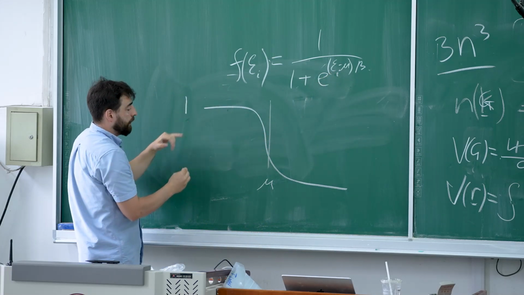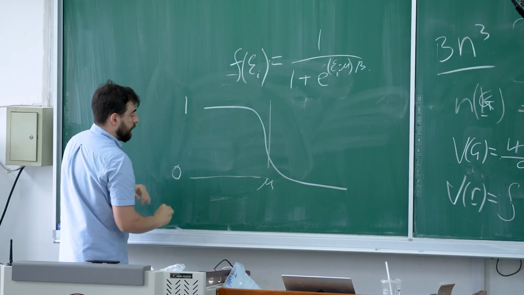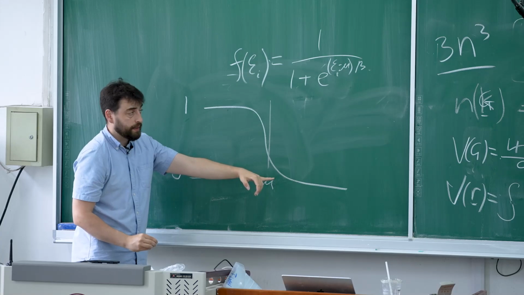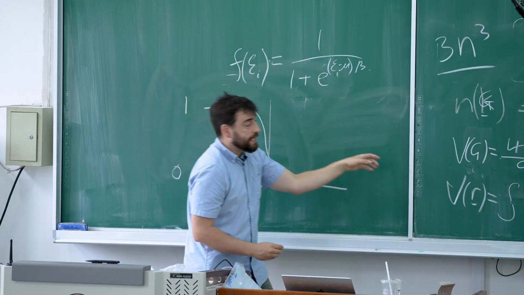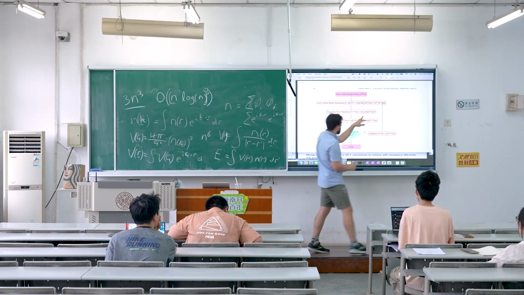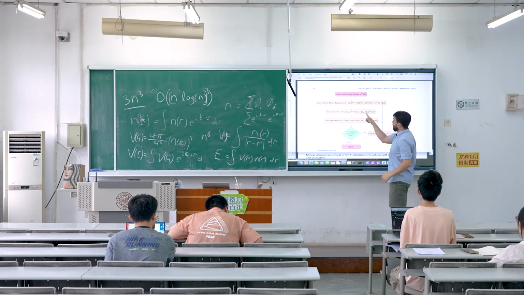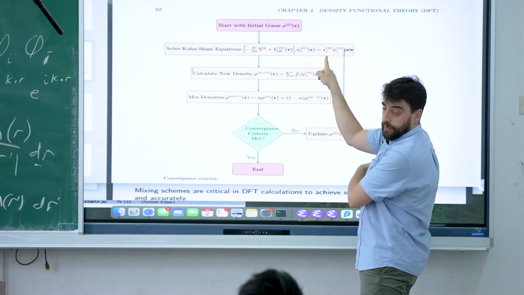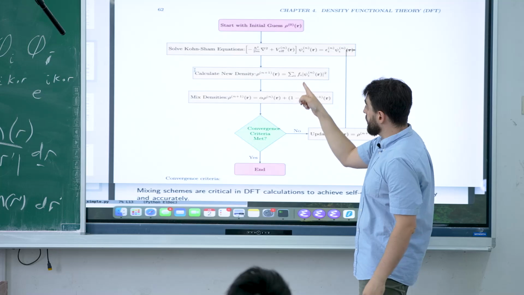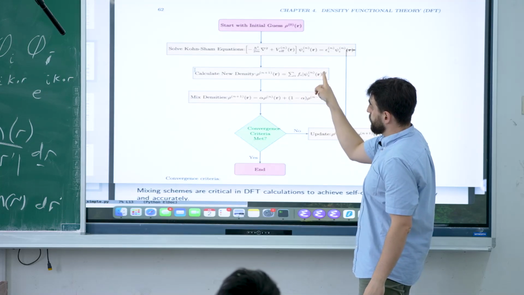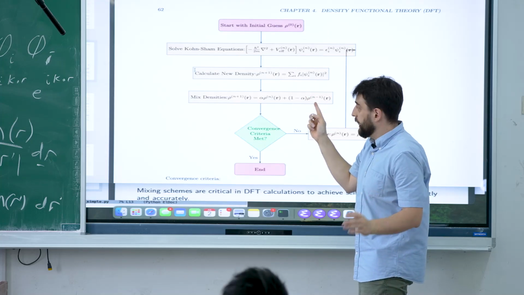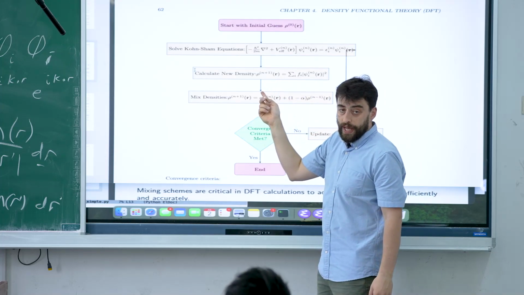We're going to be getting 1, and for high energy states, we're going to be getting 0 occupancy. So it's very easy to calculate new occupancies once we have our energy eigenvalues. We just take our energy eigenvalues, feed them into the Fermi-Dirac distribution, and get the occupancy of our new states, which we multiply by the square of the wave functions for real states to get our new density.